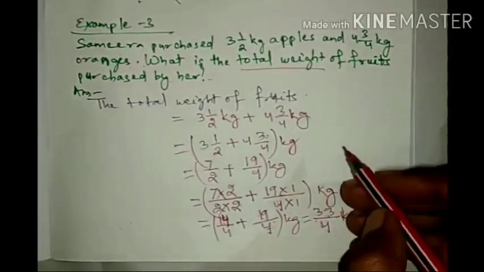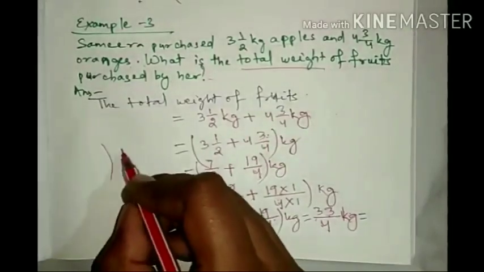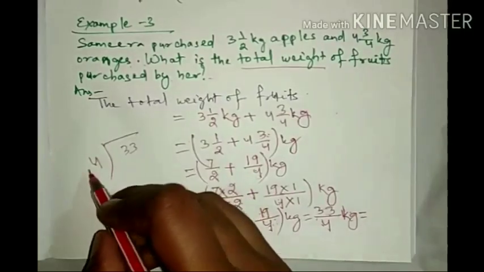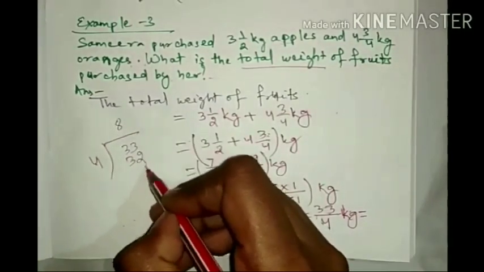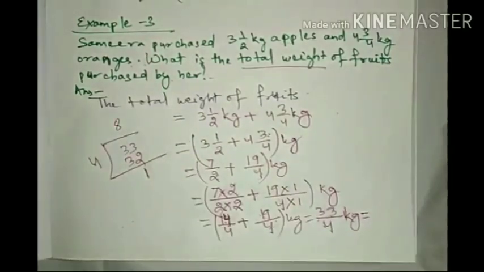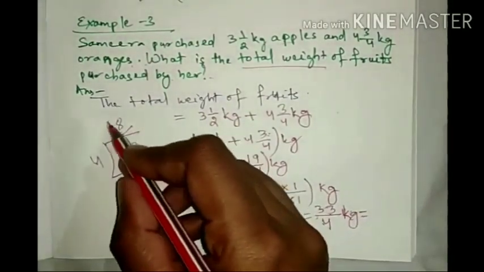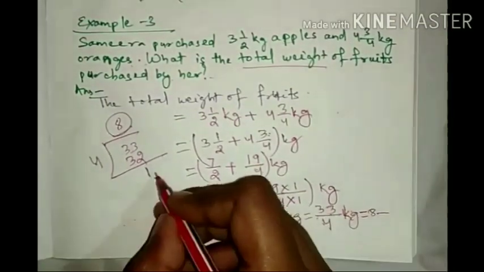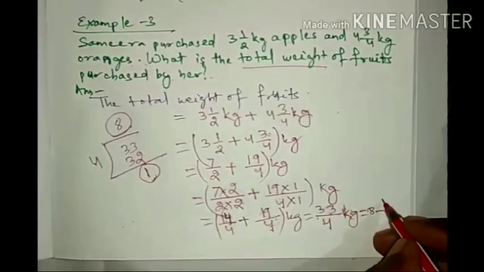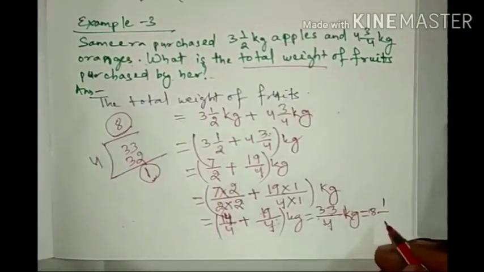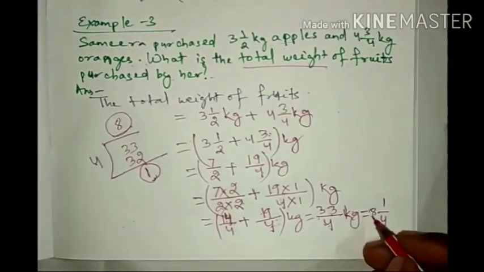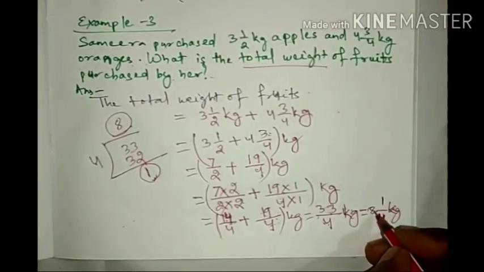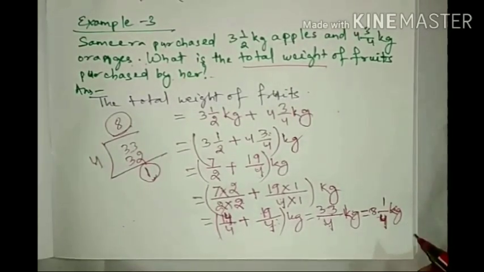So 33/4: 4 eights are 32. What are you getting? 1 remainder. So you write the quotient as the whole number, 8, the remainder as the numerator, 1, and the denominator will be the same, that is 4. So in mixed fraction, you write 8 1/4 kg.